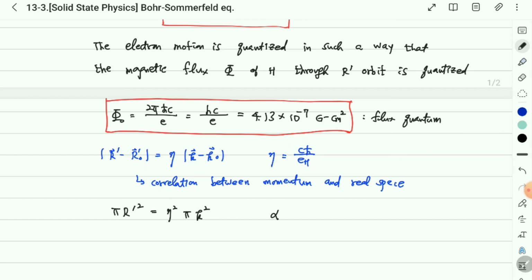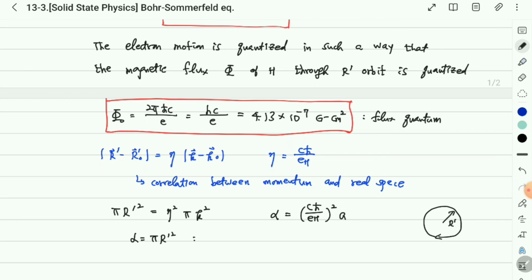Alpha is the area in real space, and eta is c h bar over e h square. Here alpha is pi r prime square, and for a strong magnetic field, the electron cyclotron orbit has radius r prime.